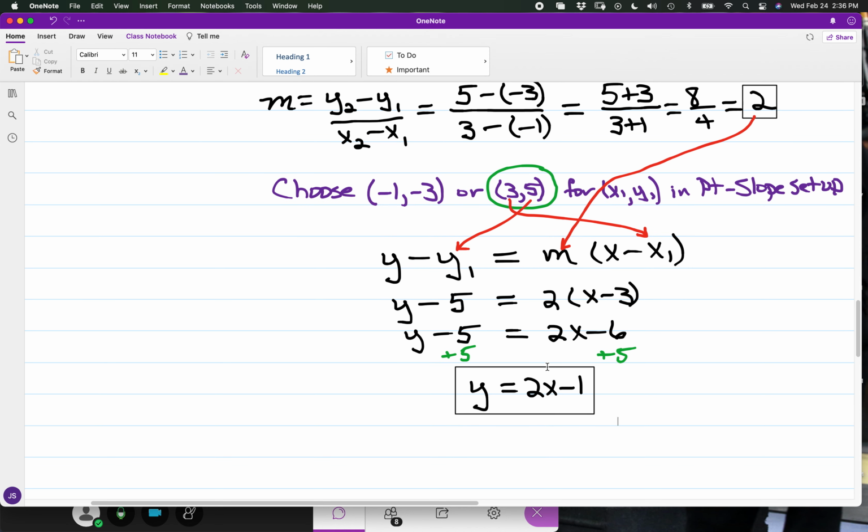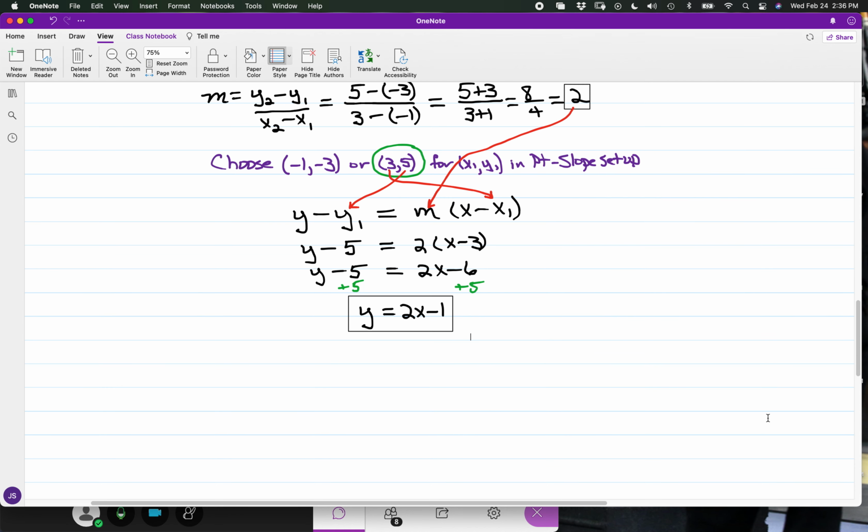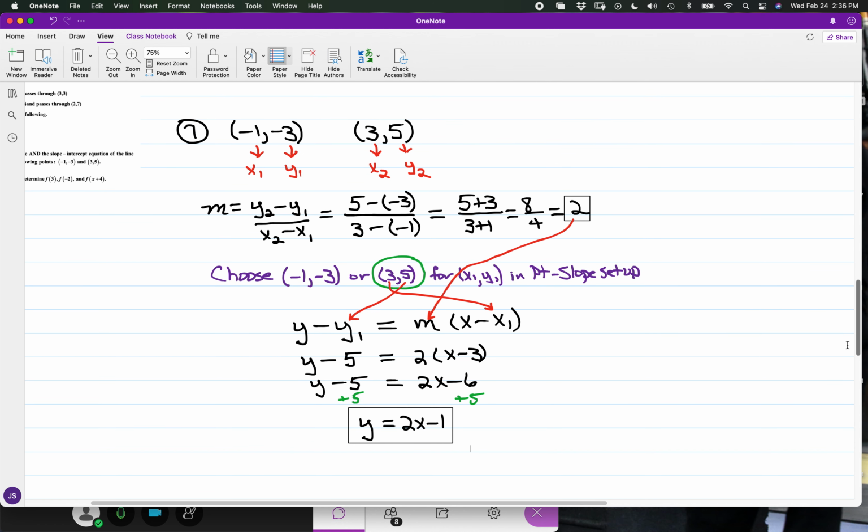Once again, you can test out the consistency. This is the slope-intercept equation of the line that is supposed to pass through both of these points, and I used (3, 5) to get to it.